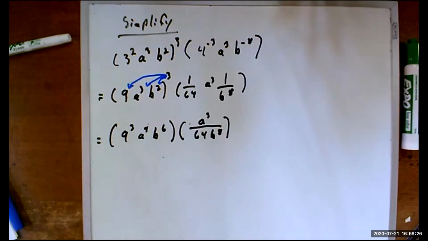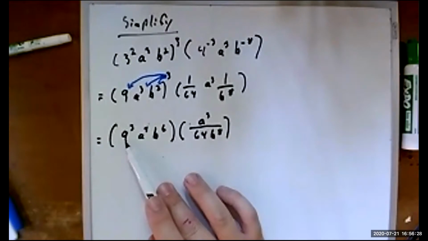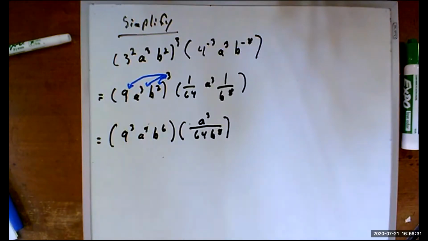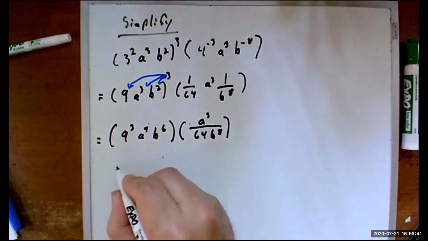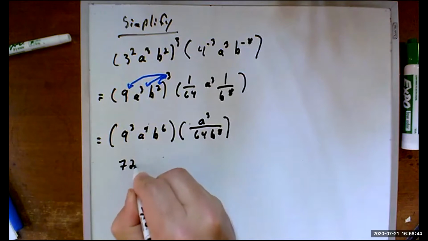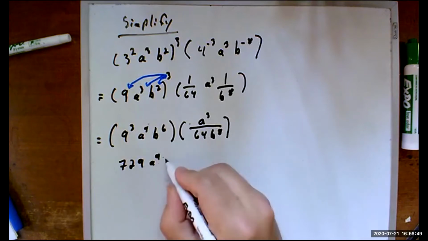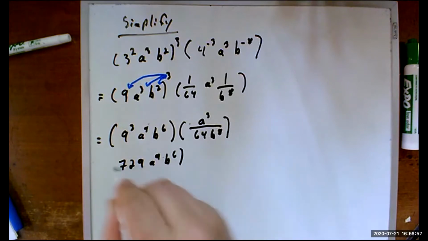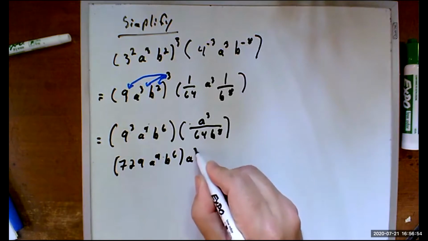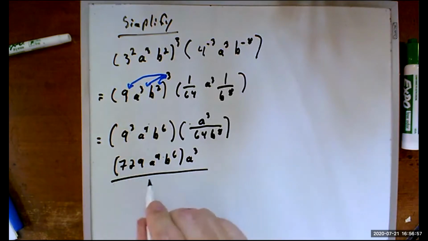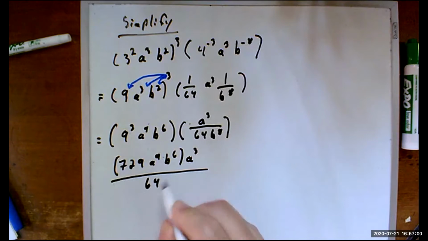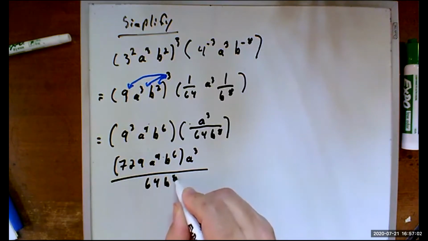Now I can multiply these two sides together. While I do that, I'm going to take my 9 and raise it to the 3rd power. And I end up with 729, A to the 9th, B to the 6th, times A cubed, and then on the bottom I still have my 64 B to the 8.